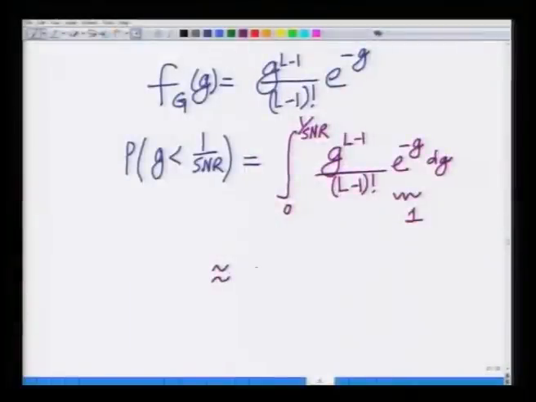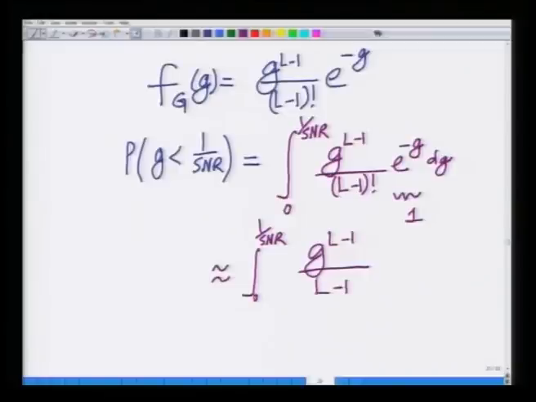Now, at high SNR, 1 over SNR is very small. So, e power minus G is approximately equal to 1, which means this integral is approximately the integral from 0 to 1 over SNR of G power L minus 1 divided by L minus 1 factorial dG.